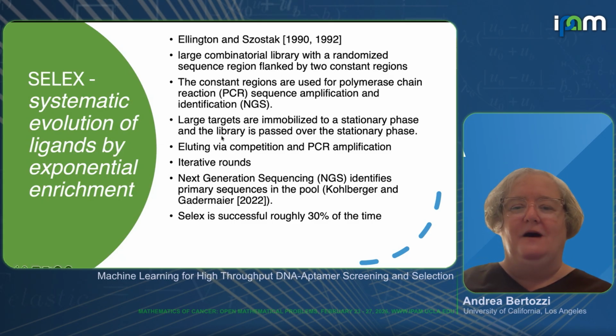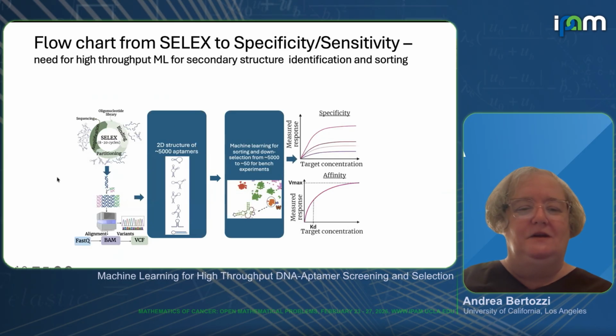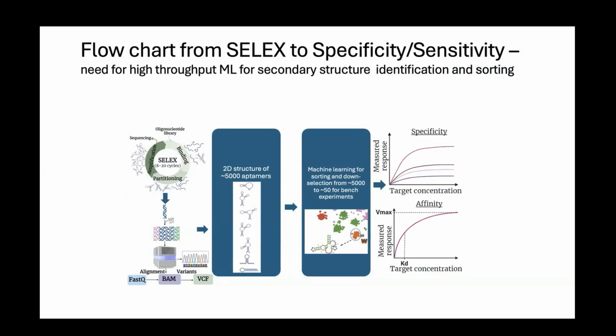So let me describe how this works. You start with this big library, and they're all sort of living in a soup. You have a substrate with your target, and then you're going to see what sticks to the target.